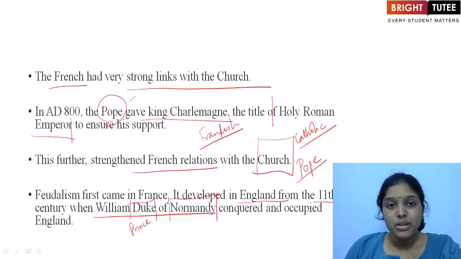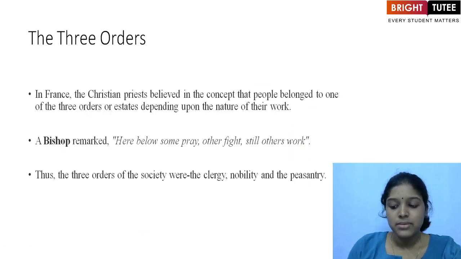That is when the beginning of feudalism happened in England. And much before that, feudalism had begun in France. That's how the feudal structure emerges, and particularly in France, we see how this comes into being.